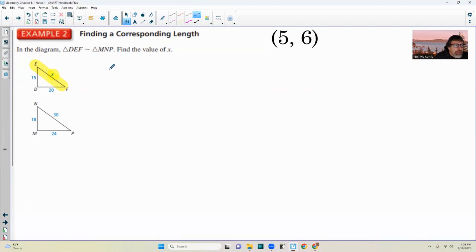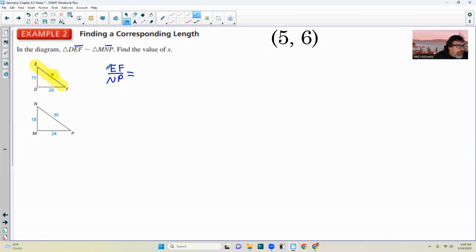Okay, so I do want to have a side correspondence equivalence. So you take EF. Well, what does EF correspond to in this one? Always look at the name. It's second and third letter, second and third letter. EF is to NP, like that. And then we don't know this side.